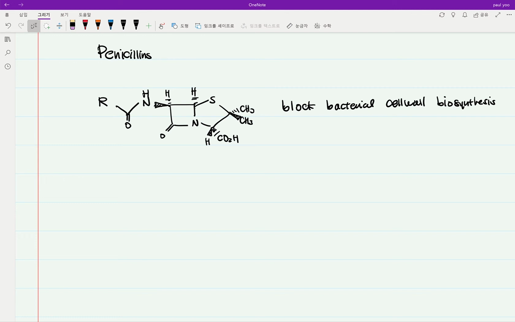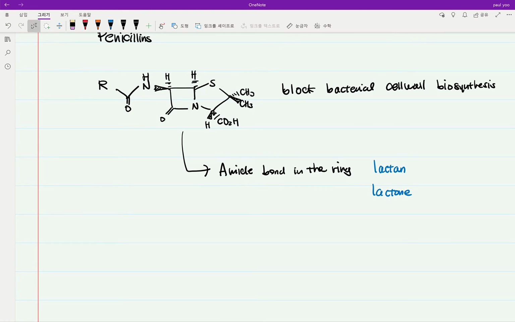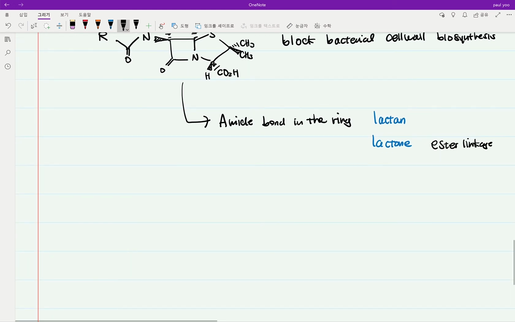It has an amide bond in the ring, and it is called a lactam, with an ester linkage. That was found in 1928 by Alexander Fleming.